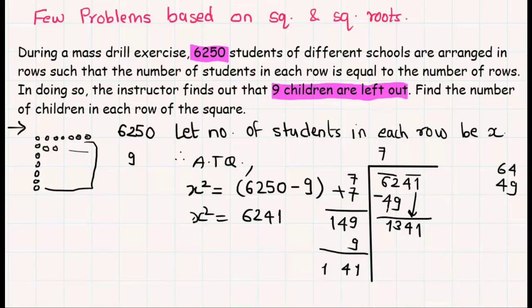So it has come out to be exactly equal. So this 9 goes over here. 1, 3, 4, 1. The answer is 0. That means this given number here was a perfect square, and it's clearly given that it's a perfect square. And the square root of this number is 79.